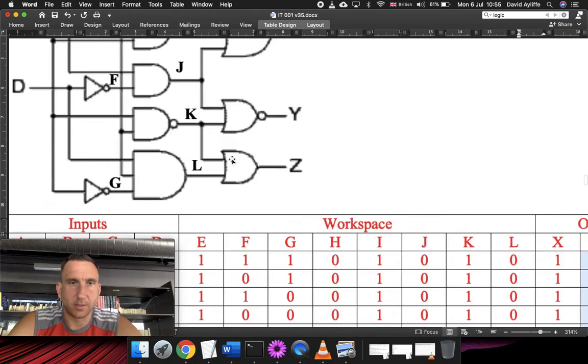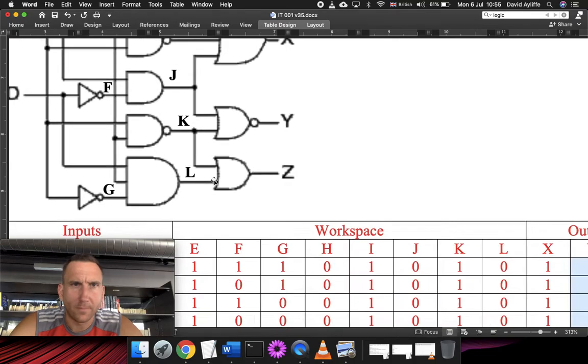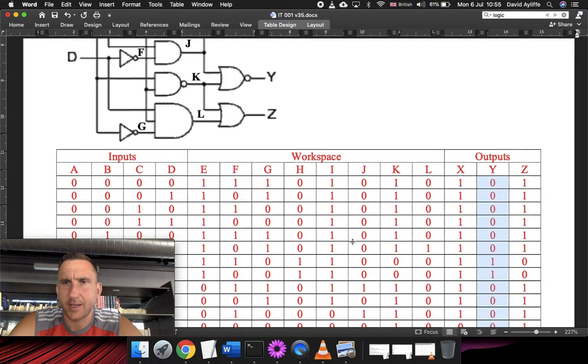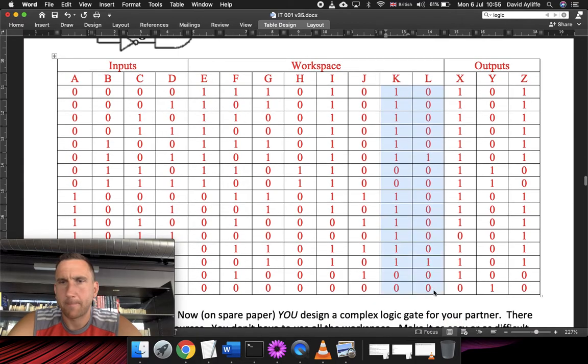And then Z. Oof, is that a NOR gate, or is that an OR gate or an AND gate? See, okay, so that's flat, so that's AND, so this is OR. Okay, so K or L. K or L, so just one of them needs to be positive. Okay, so positive, positive, positive, positive.